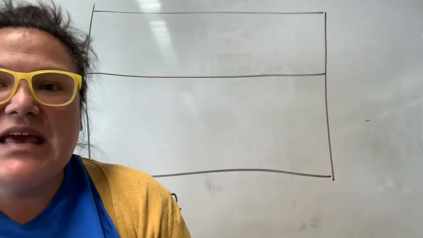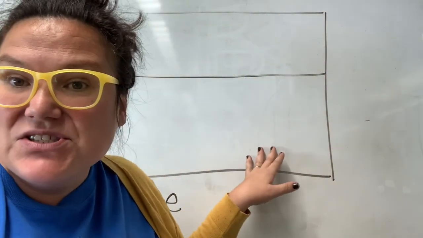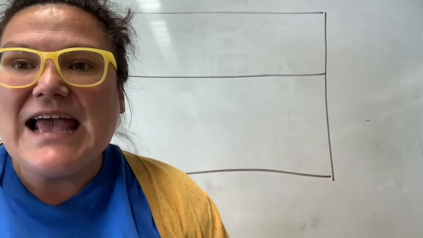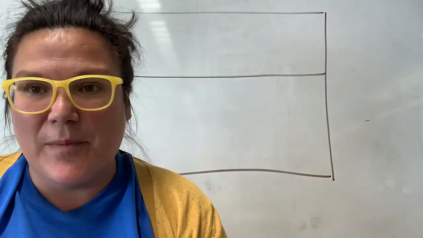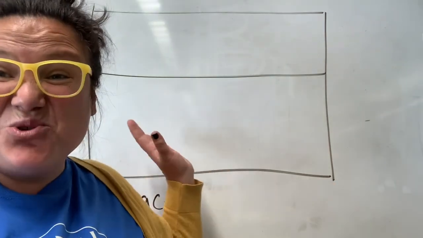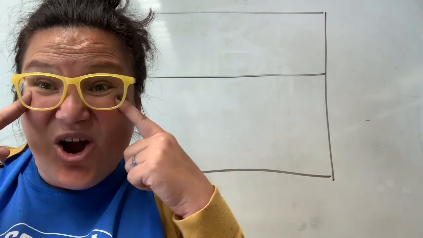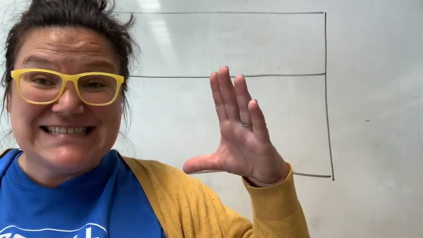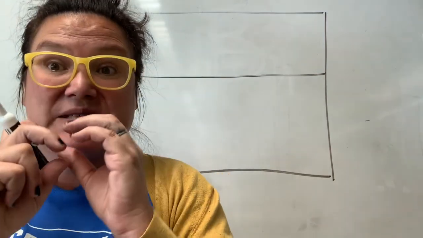Now, I want you to keep imagining that we're standing out in the field. Up here's the sky, and down here's the ground. And I have a soccer ball. And I kick that soccer ball as far as I can. As it travels away from me, my eyes are gonna think that it is getting smaller and smaller and smaller.